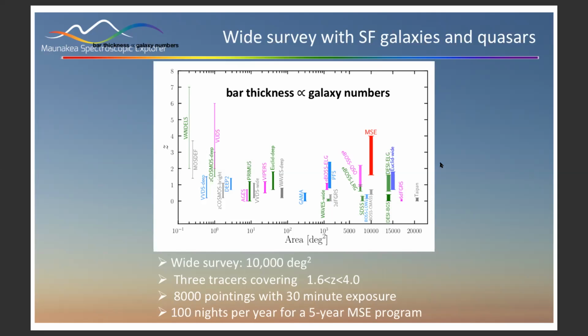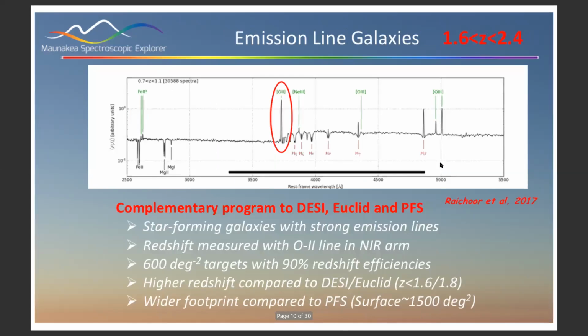And you can compare this MSc program with the existing programs in terms of redshift range, area, and the bar thickness gives you the comparison in terms of number of galaxies. So the first tracer between 1.6 and 2.4 is emission line galaxies. So we are going to use ELGs, as for DESI.